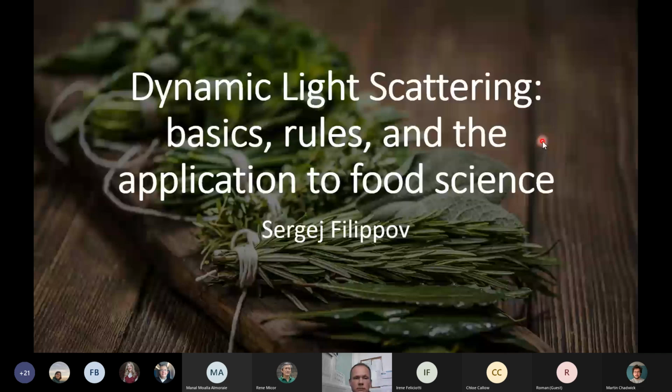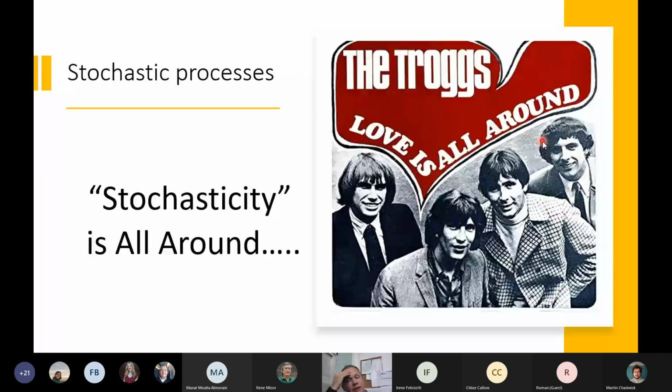So, just to start my lecture, I have to say that we live in a very random, in a very stochastic world, and this is generally true because we never know for sure if there will be rain tomorrow or today.